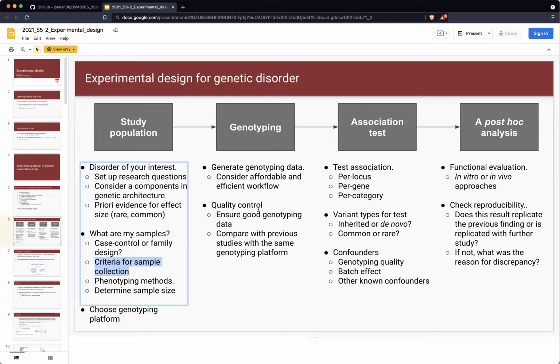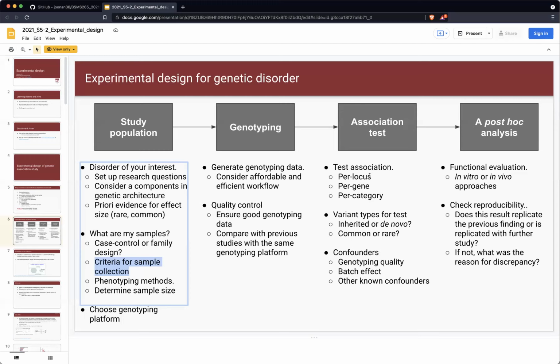So make sure you have a good genotyping data set in your samples, and you can also compare the quality information with previous studies. Then you can judge whether it is a good data set or not.